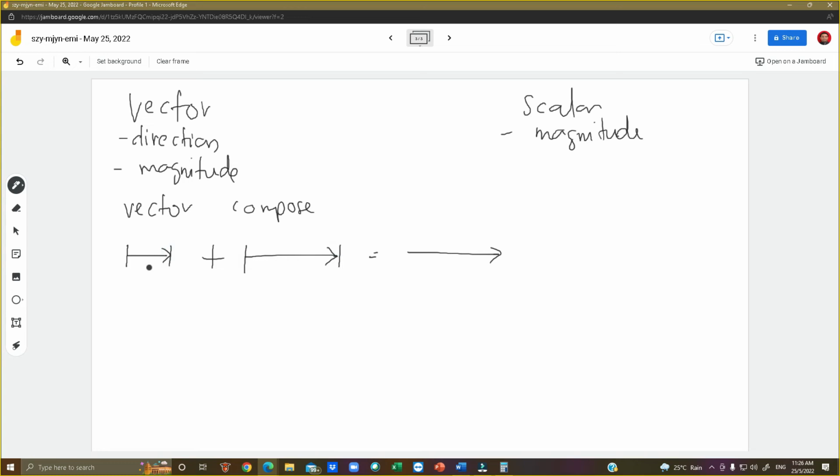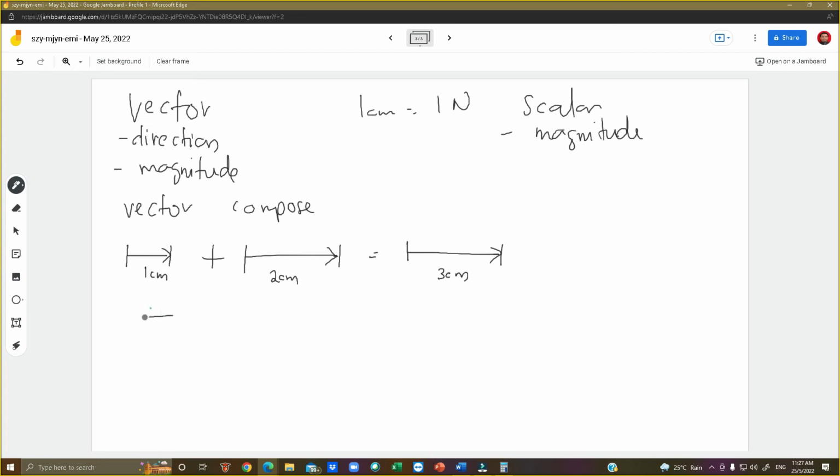Okay, if we assume this is 1 cm, this is 2 cm, so the resultant vector you need to draw as 3 cm. Means that 1 cm force, katalah 1 cm equals 1 newton. 1 newton of force plus 2 newton of force in the same direction will result in 3 newton of force. Ni vector composition.